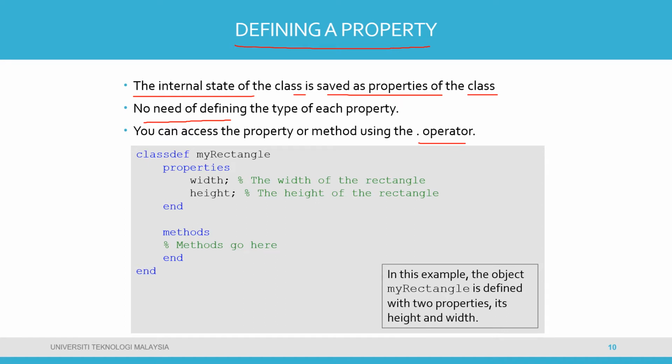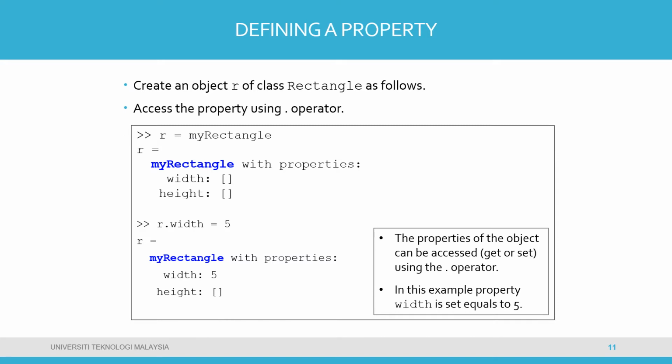So for example here, you have created a class called myRectangle, and the properties it has are width and height. You can define the properties here. Create an object R of class myRectangle as follows: R equals myRectangle, and you get the properties, width and height.